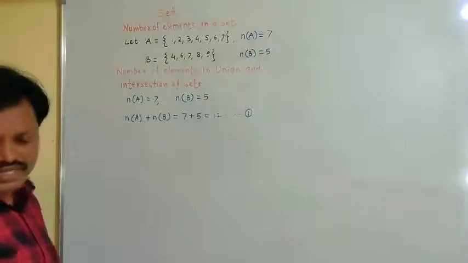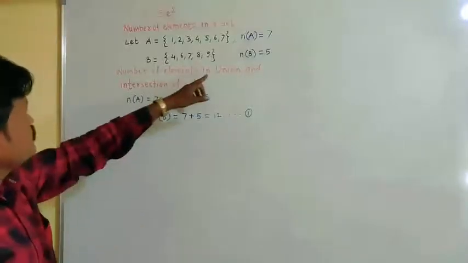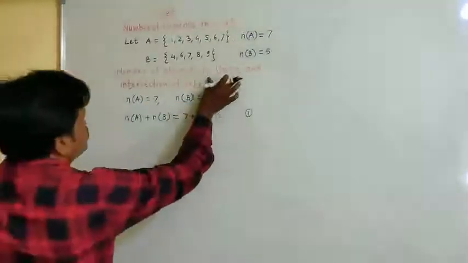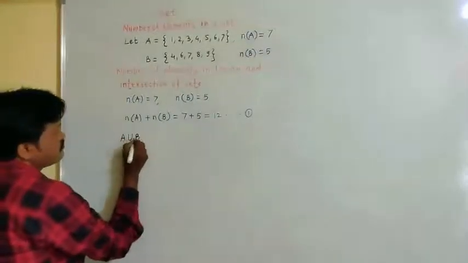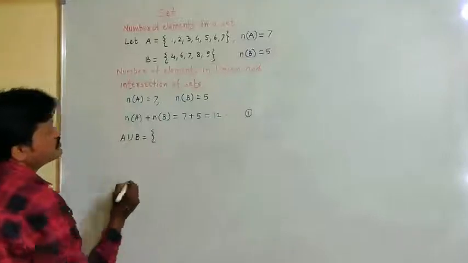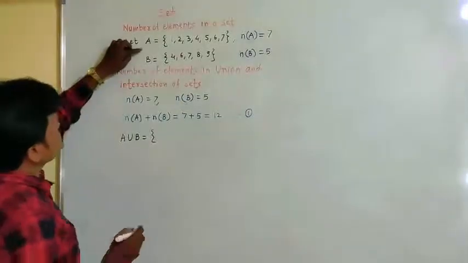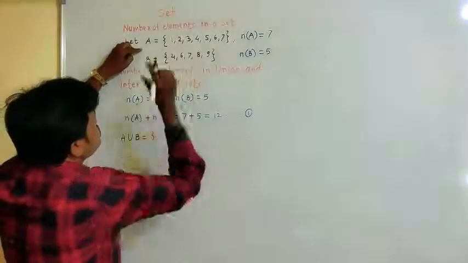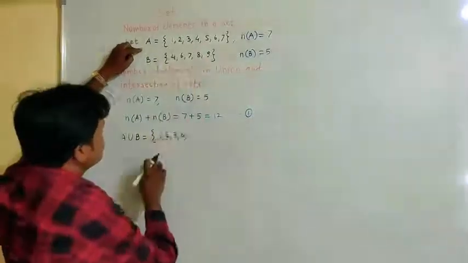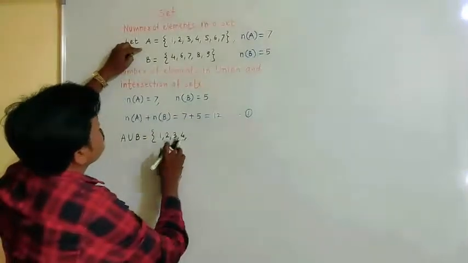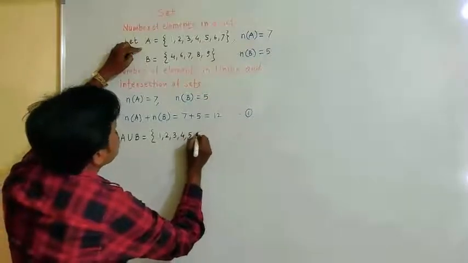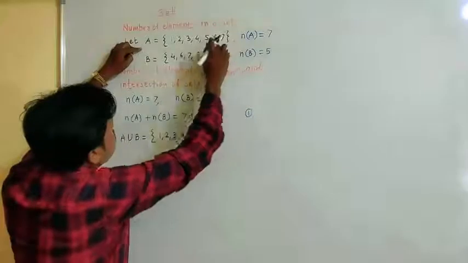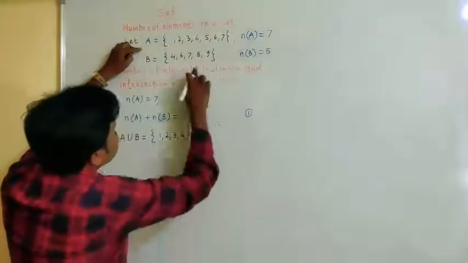Now we take here some union. Union, what is your union? A union B is equal to. So write your union first. 1 2 3 4, then 5 6 7 8 9.